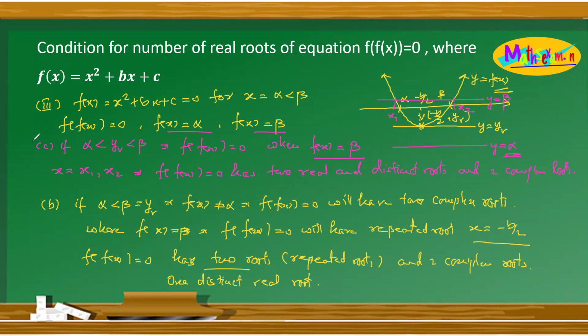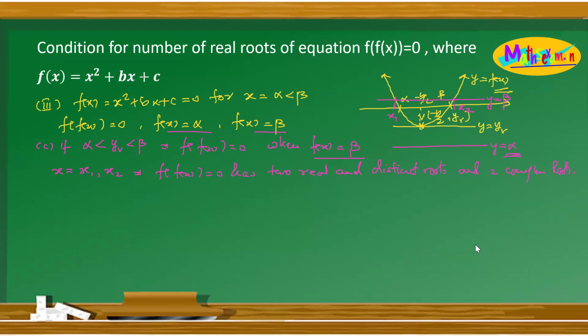Then the next possibility, I'll just rub off this portion. Now the next possibility: if alpha becomes equal to the y coordinate of v, and that is less than beta.